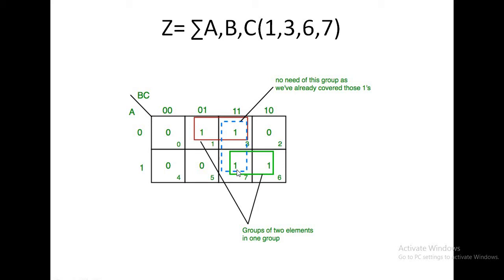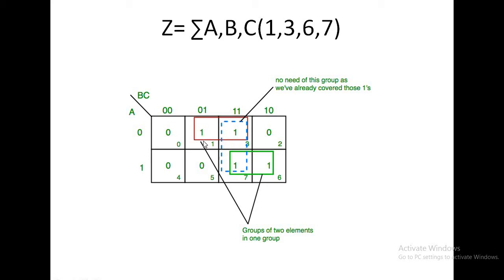Next thing is to create the groups. How can I create the groups? Always groups are created in powers of 2. That means 2 ones can be grouped, 4 ones, 8 ones, 16 ones, 32 ones can be grouped. So here 2 ones are there, so these 2 ones can be formed in one group.